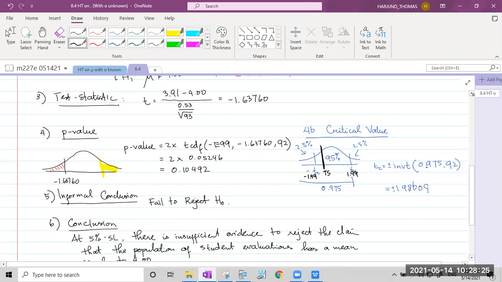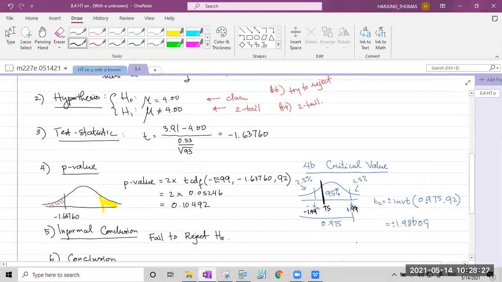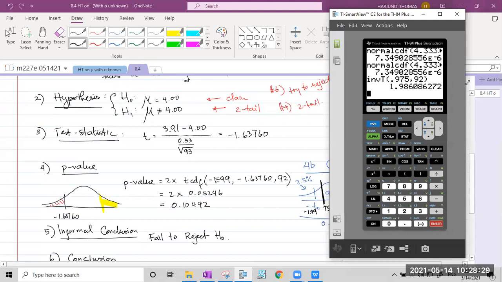That's one. How about supplementing that with the calculator? We go to stat, test, t-test. We use stats, and we compare to 4.00. The sample mean is 3.91, sample standard deviation 0.53, sample size 93.